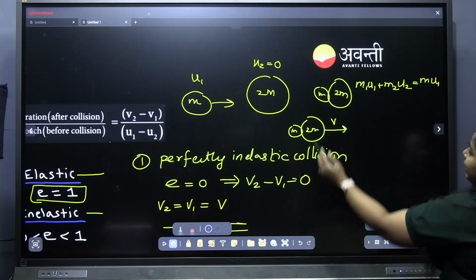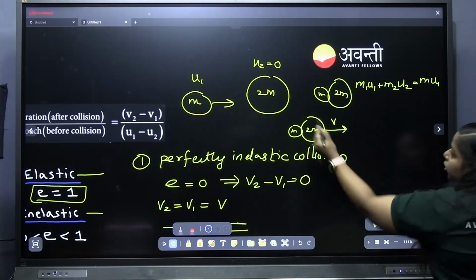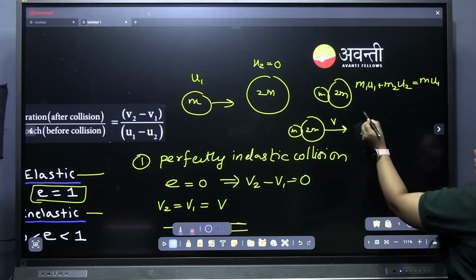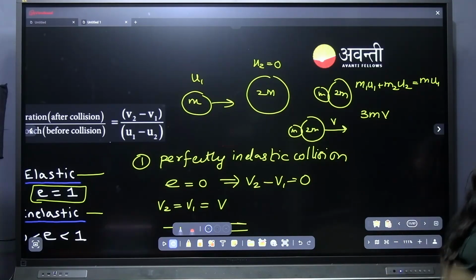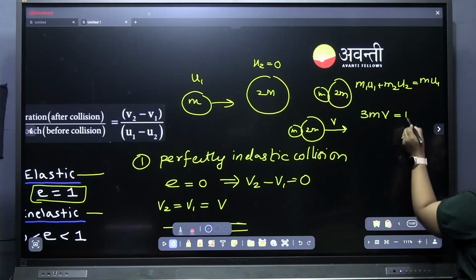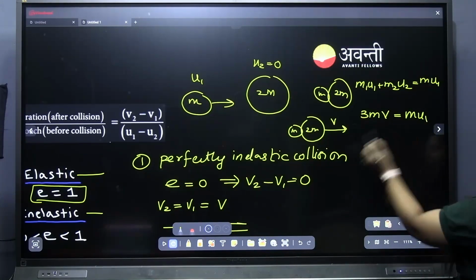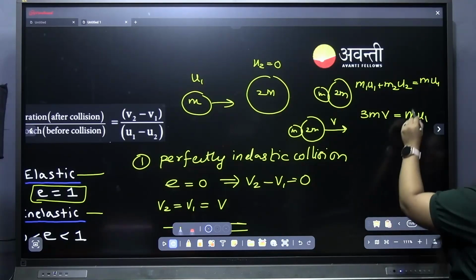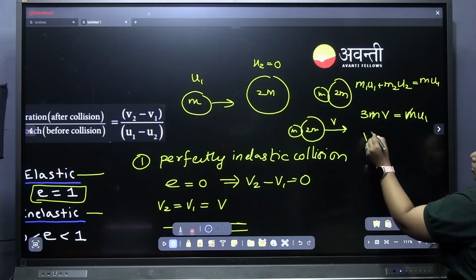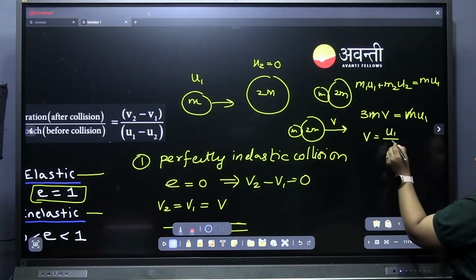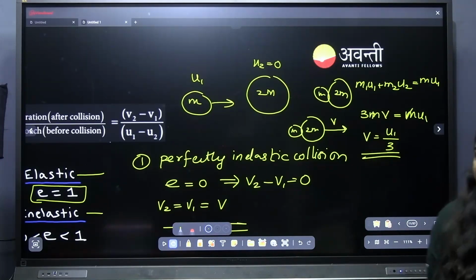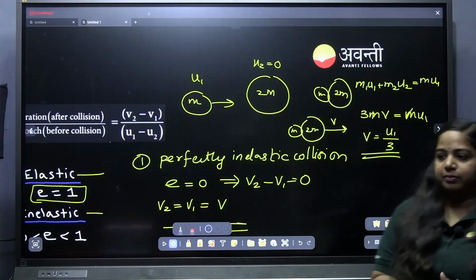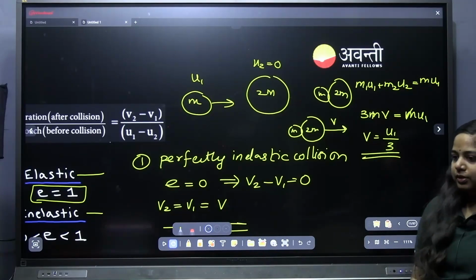Now final momentum is total mass 3m in v, so final momentum is 3mv. Initial momentum should be equal to final momentum, so we can substitute m u1 equal to 3mv. M cancels, we will get that final velocity equal to u1 by 3. This is one example of perfectly inelastic collision. Is that okay?